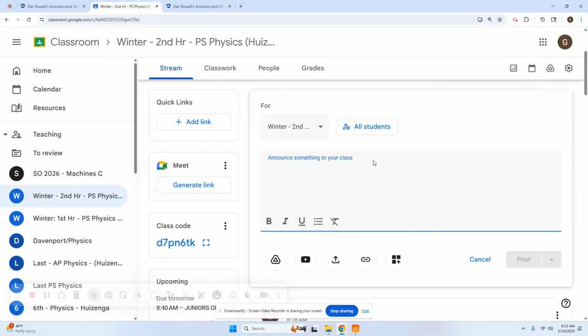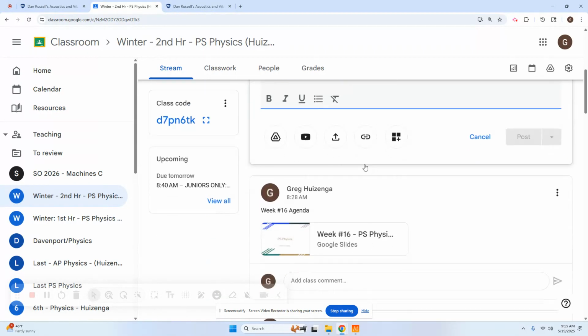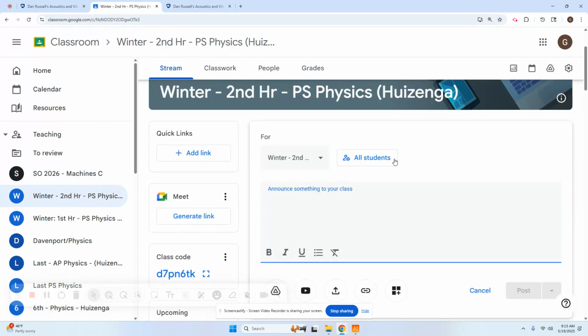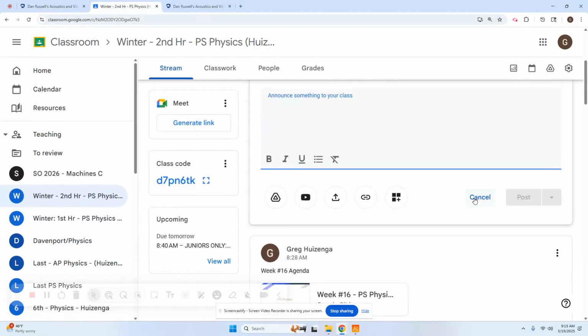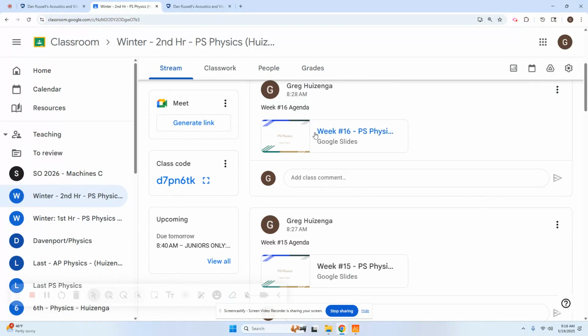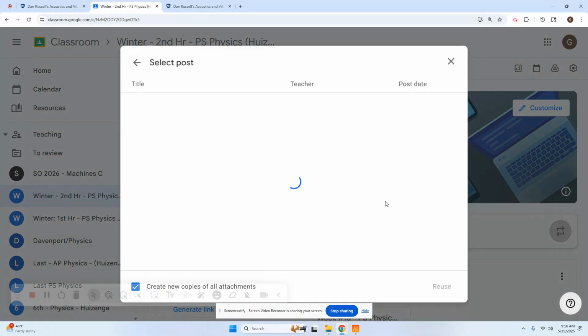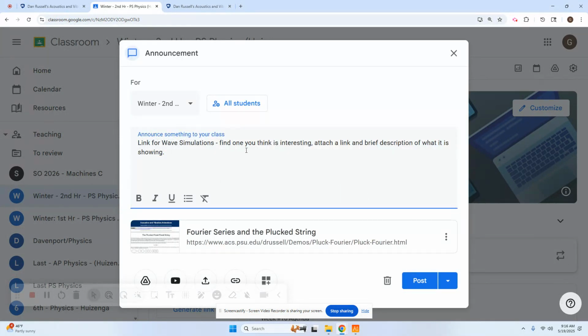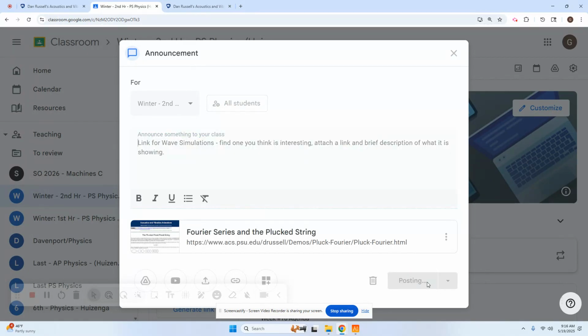Send a link to what that was, and then also briefly describe what you found there. Okay, so link for wave simulation. Find one thing you think is interesting, attach a link and a brief description of what it's showing.